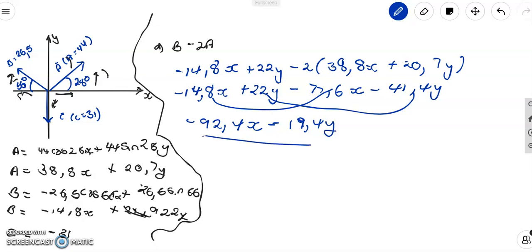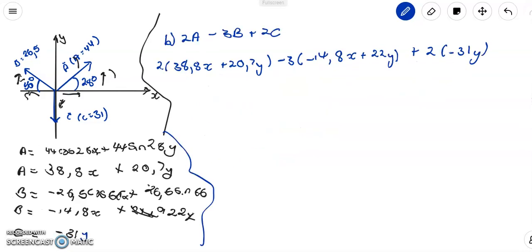So this is how you are supposed to do this one, and this is your answer. And if you want to write using i and j, you're just going to say minus 92.4i minus 19.4j. Yeah, so that's how you were supposed to do it.